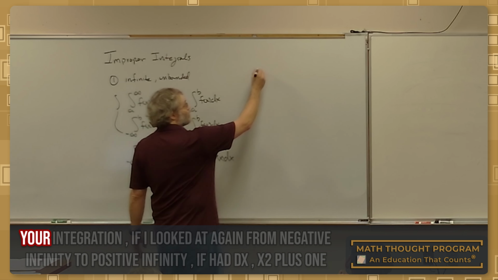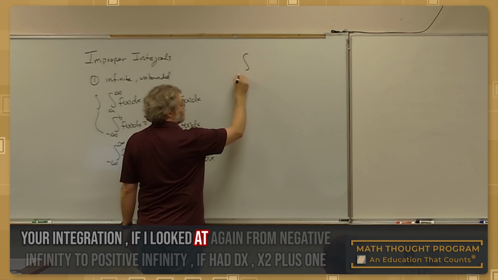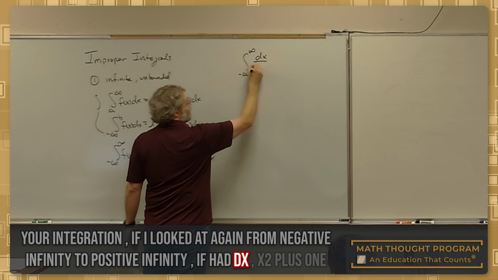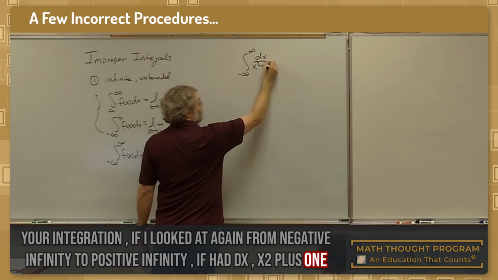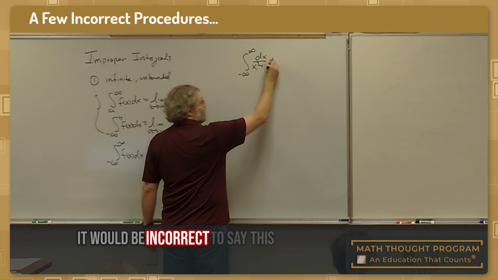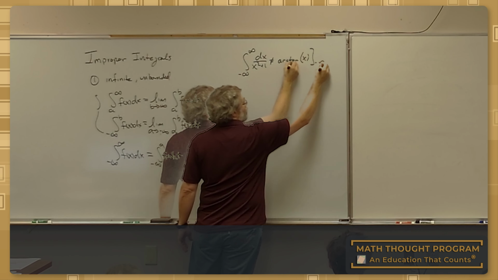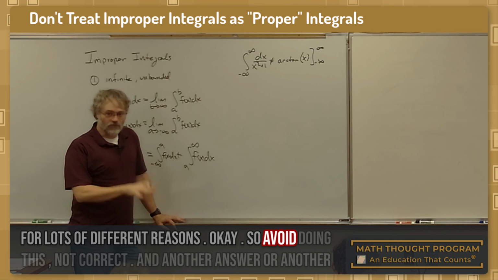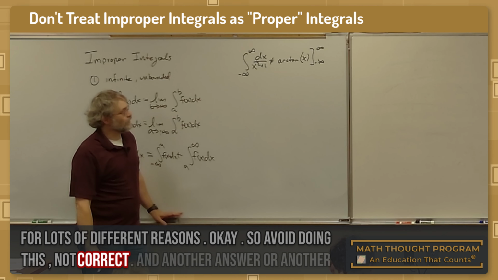If I looked at, again, from negative infinity to positive infinity, dx over x squared plus 1, it would be incorrect to say this for lots of different reasons. So avoid doing this, not correct.